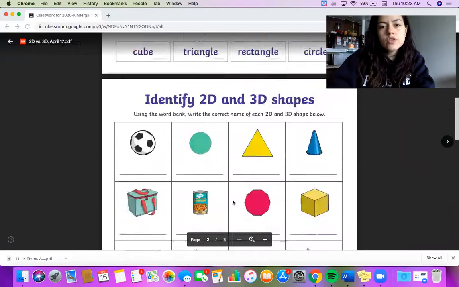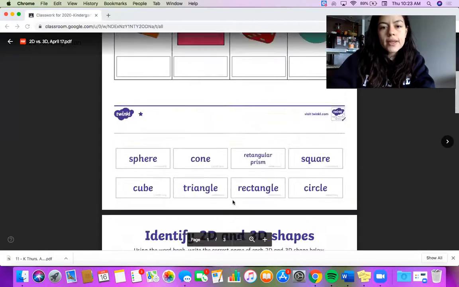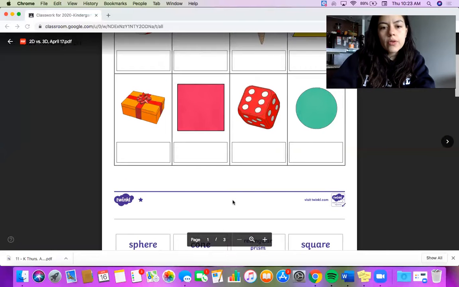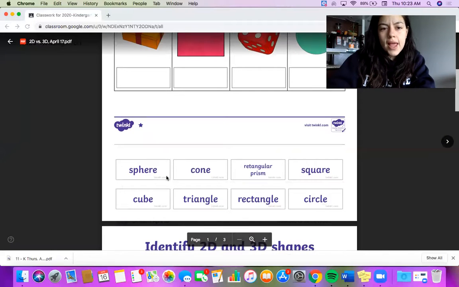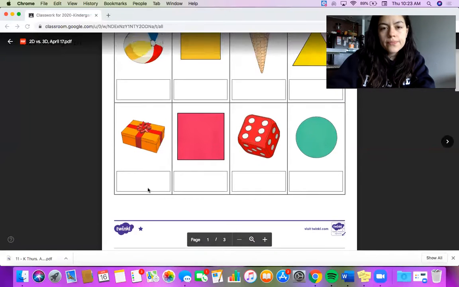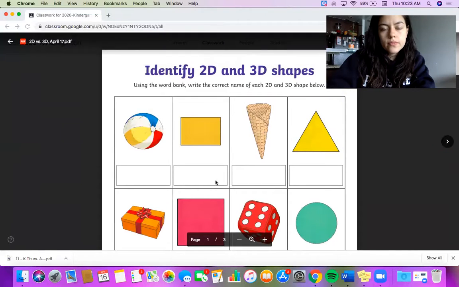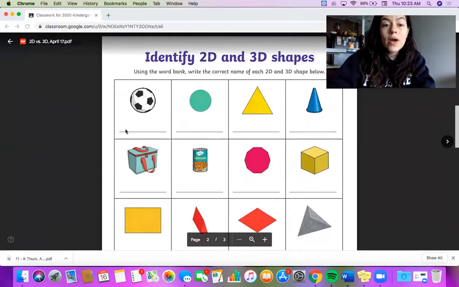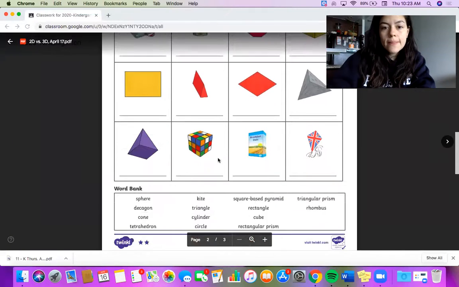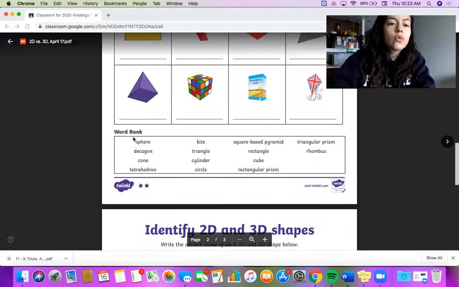So I recommend doing page 1 where the words are given to you here at the bottom, and you can cut and paste them here. And page number 2, where you have to write the words down, but the words are written for you in a word bank right here at the bottom.